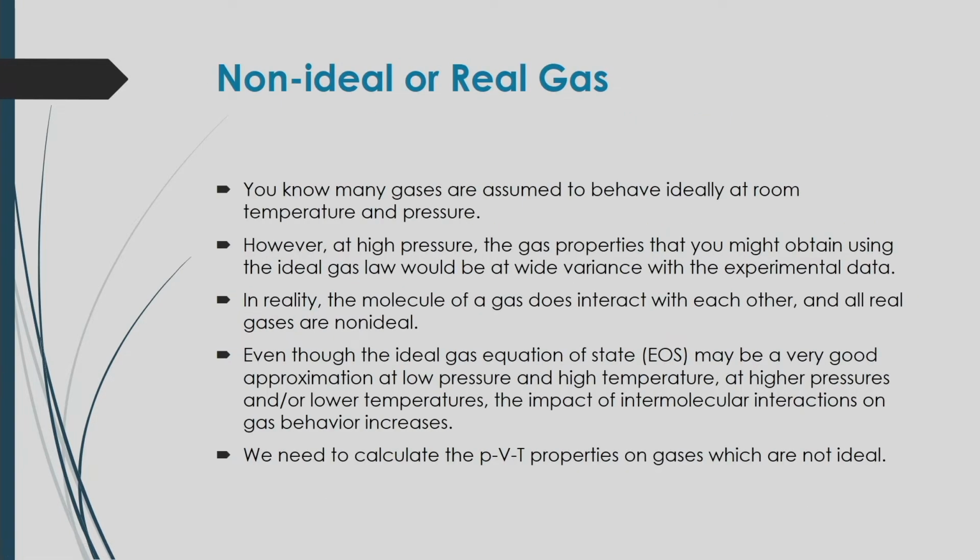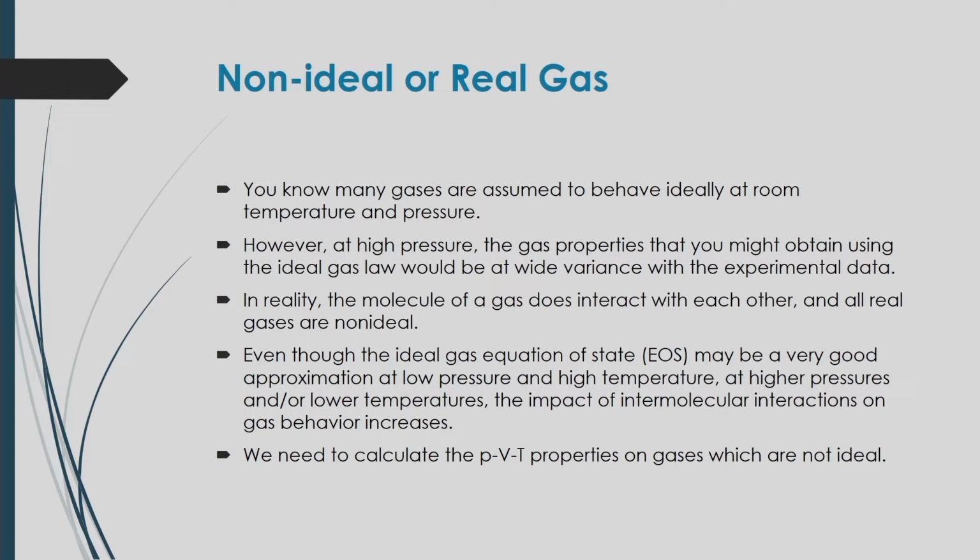Now we will describe the different basic equations of state for non-ideal gas, how the properties of that non-ideal gas will change, and how we can solve the problems. Now, as we know, real gas is regarded as non-ideal gas, and many gases are assumed to behave ideally at room temperature and pressure.